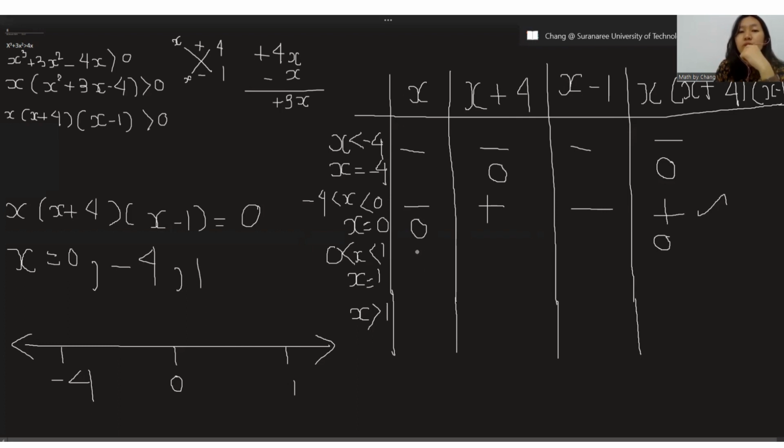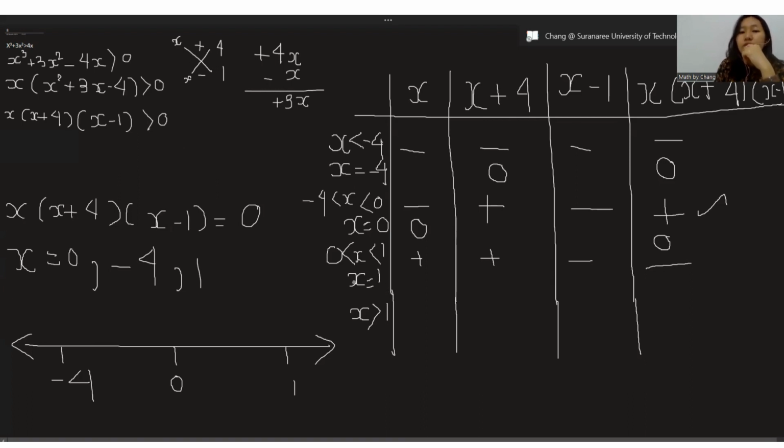So 0.5 is positive. 0.5 plus 4, you will get positive, right? 0.5 minus 1, you will get negative. When you multiply positive and positive, you get positive, and when you multiply positive and negative, you get negative. So you don't need to consider this one too, because of the sign of the inequality.